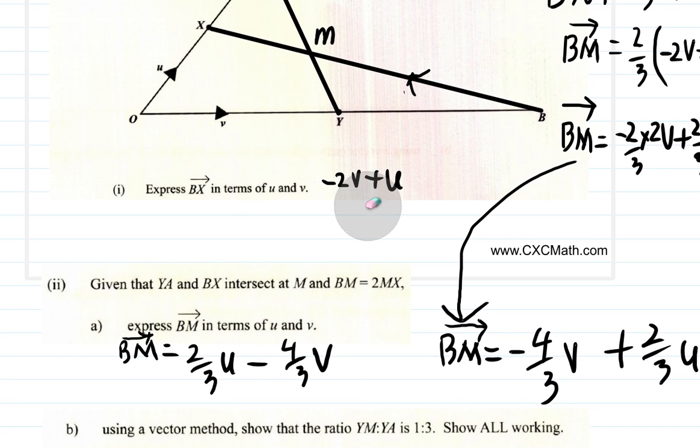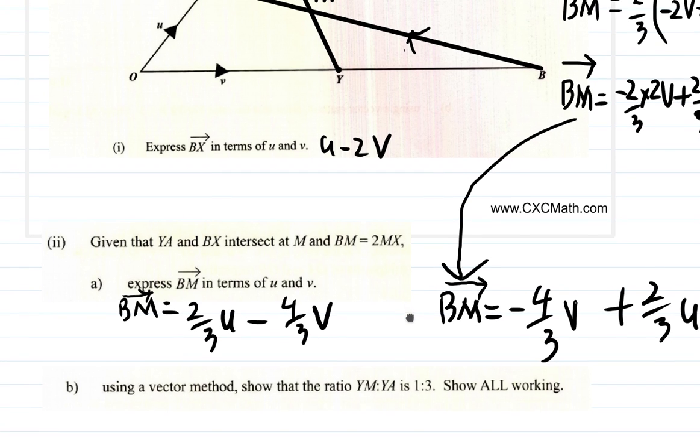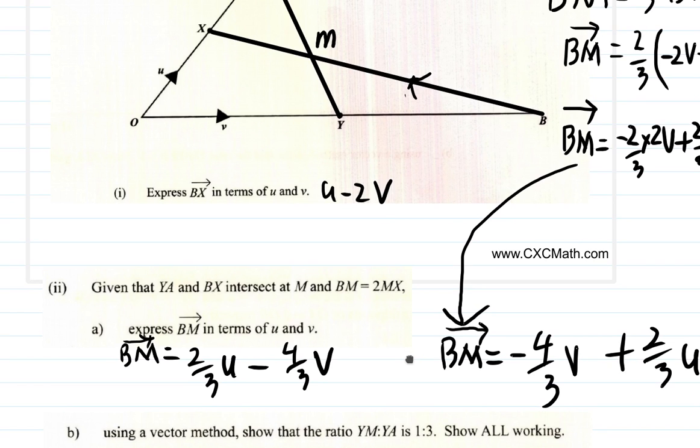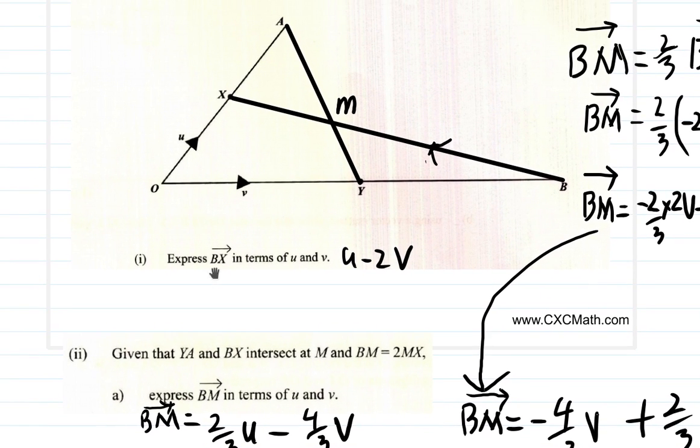As for this here, u minus 2v, it would be u minus 2v. Alright, anyway, using a vector method, it says here, show that YM to YA is 1/3. Let's see what they're saying.